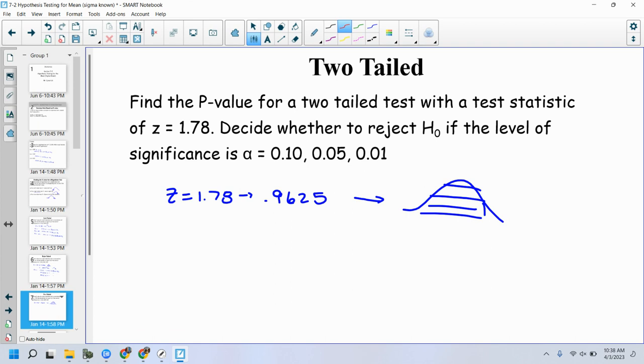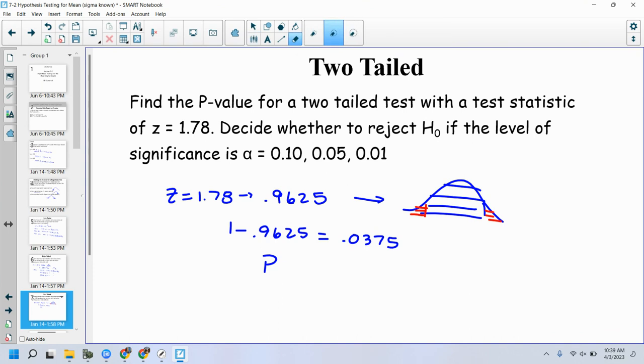What do I really want? I want the area under the curve of here and here. So what I need to do is take 1 minus, which gets me 0.0375. And then double it, right? And that will give me my true p-value.